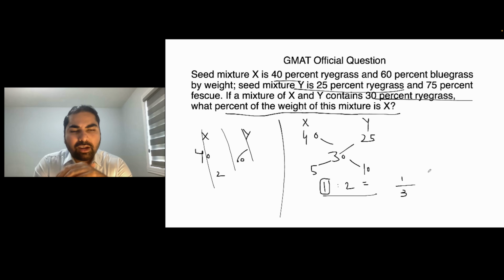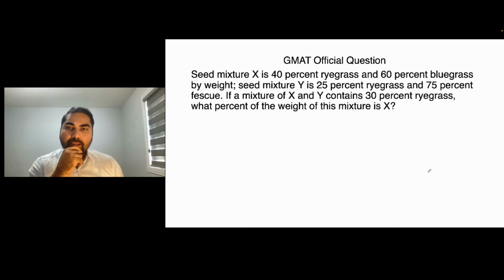These kinds of questions are very easy to solve, and these are opportunities for you to save some time and get those points.